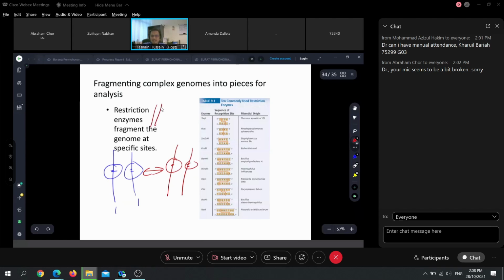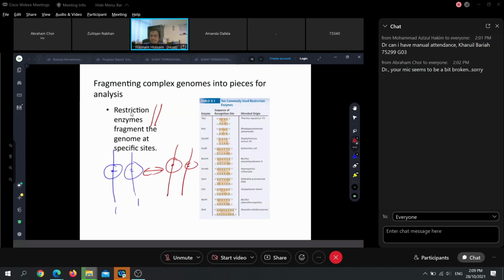A restriction enzyme, I think you have learned elsewhere, is basically a molecular scissors. It is an enzyme; many different enzymes belong to the same group. We call them restriction enzymes. These enzymes are restriction endonucleases. They recognize different nucleotide sequences.